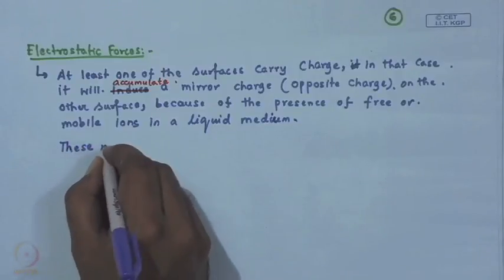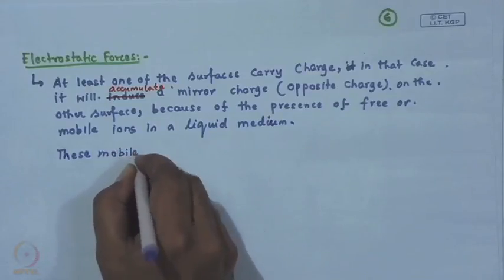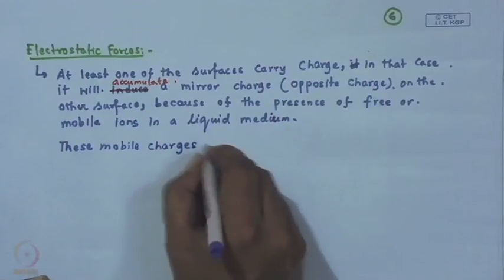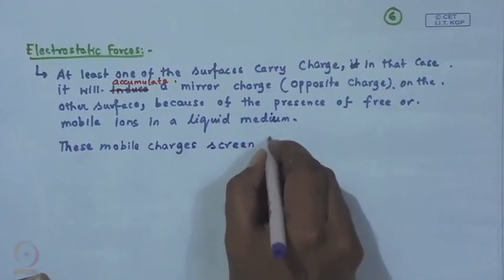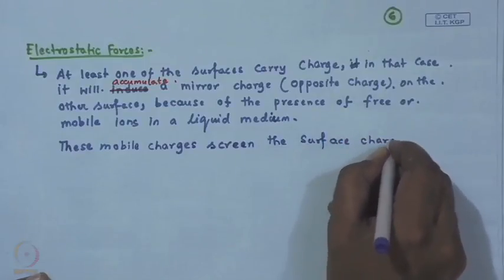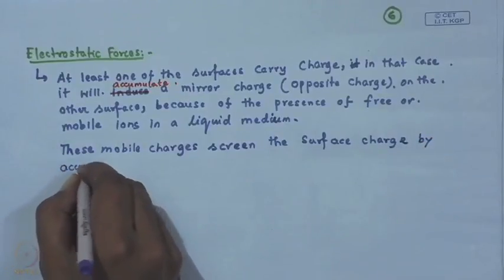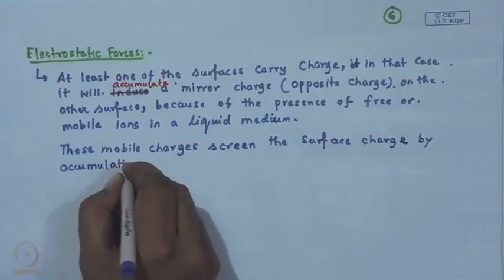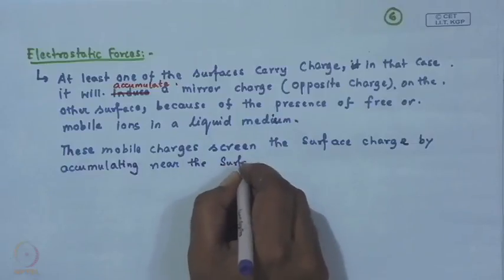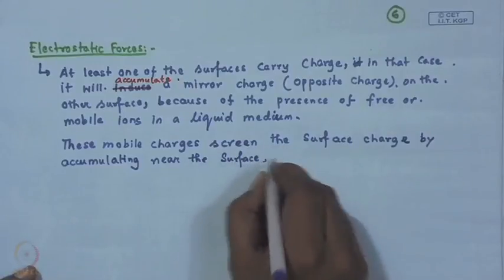So, these mobile charges screen the surface charge by accumulating near the surface with opposite charge.